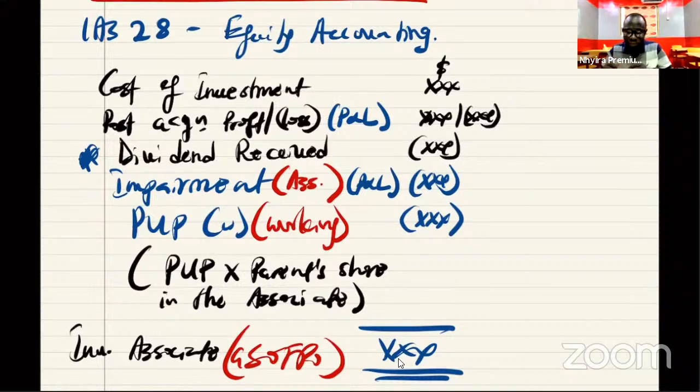So you bring cost of the investment, you bring your post-acquisition profit or loss, you bring the dividend received to be deducted, any impairment in associate will be deducted, provision for unrealized profit, that is where the associate sells goods to the parent, and at the reporting date, the parent still has some of the goods in store, then provision for unrealized profit would have to be brought in that case, and we have to look at that workings about that.